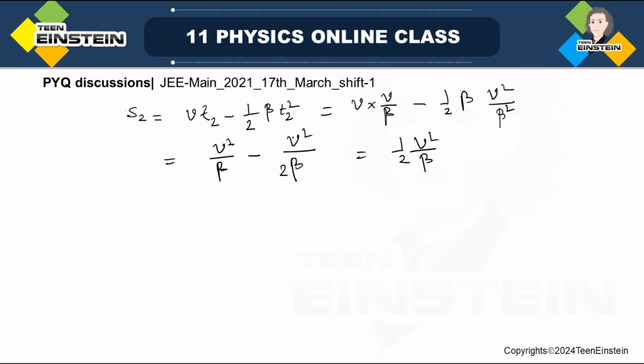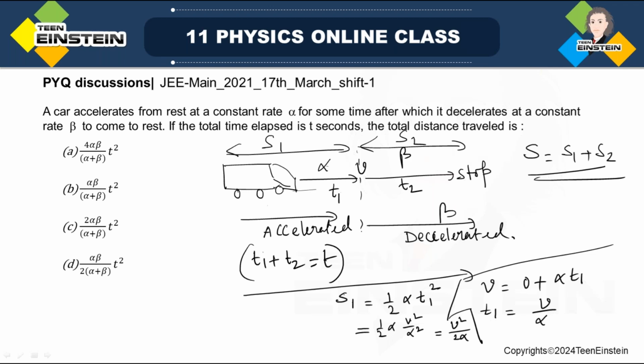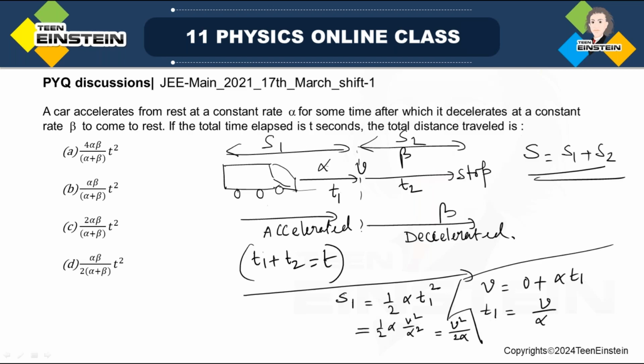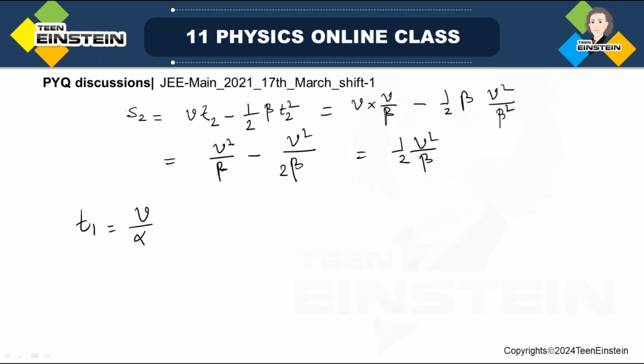See, I have got one more relation, that is t1 plus t2 is equal to t. Let us get that one. We have got t1 is equal to v by alpha, and t2 is equal to v by beta.